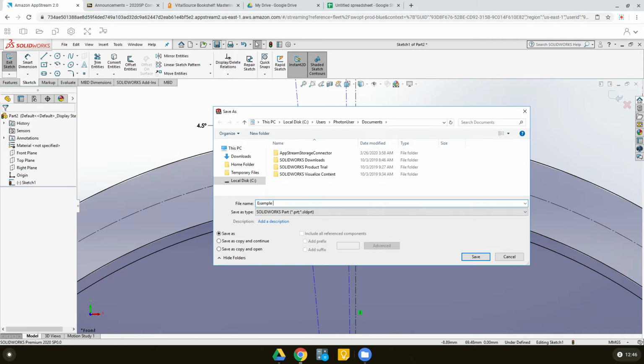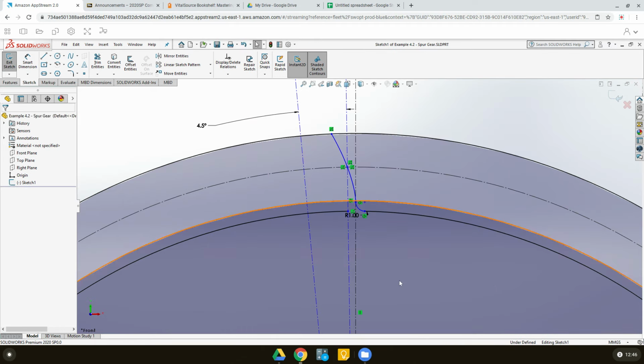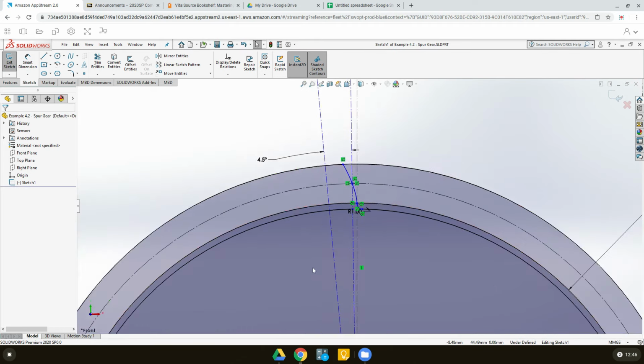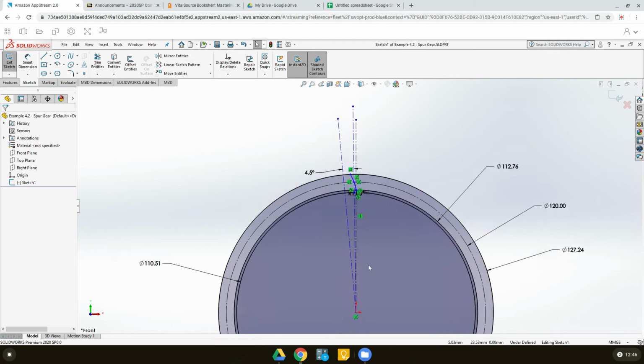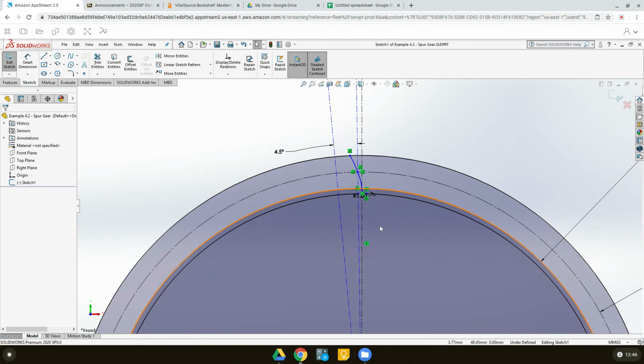Example 4.2 Spur gear. Okay, so I'm just going to save it in the local disk there. Okay, so things are looking good.